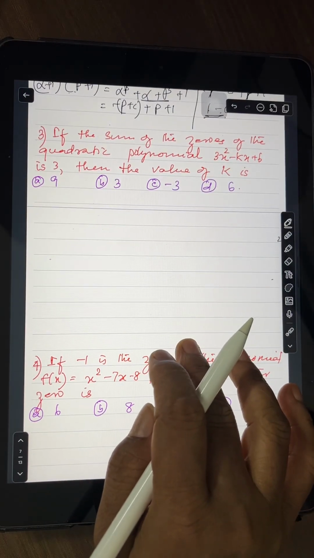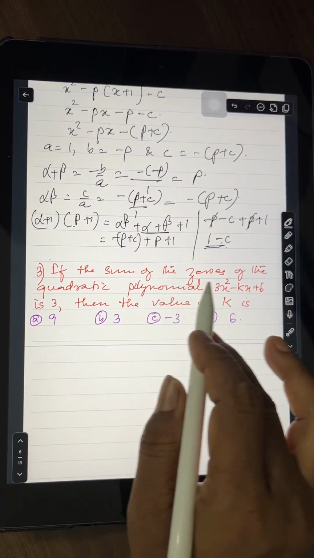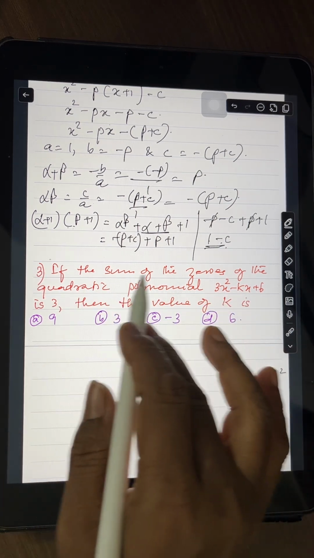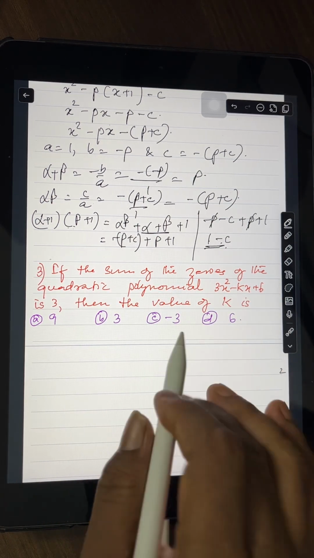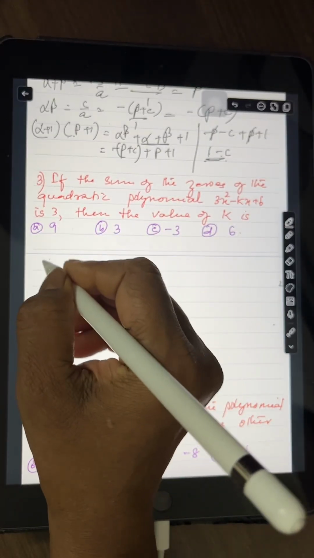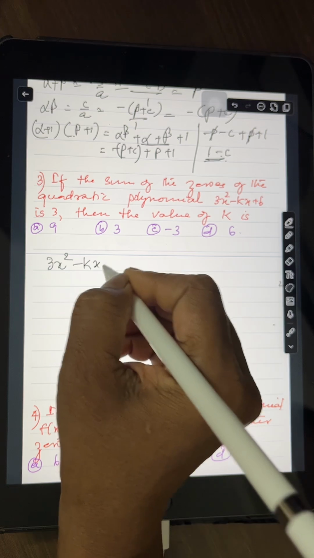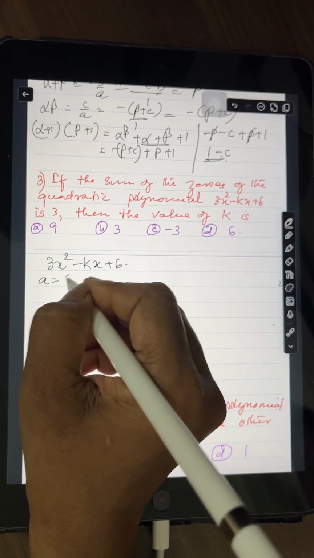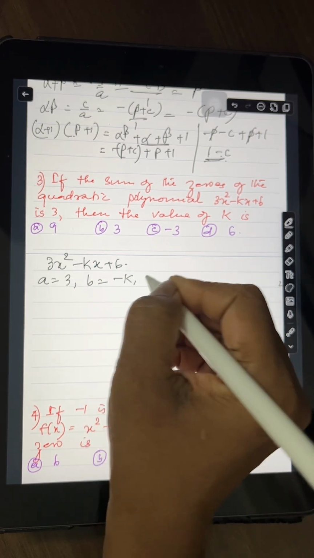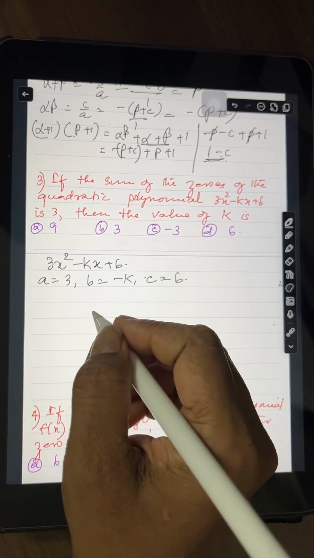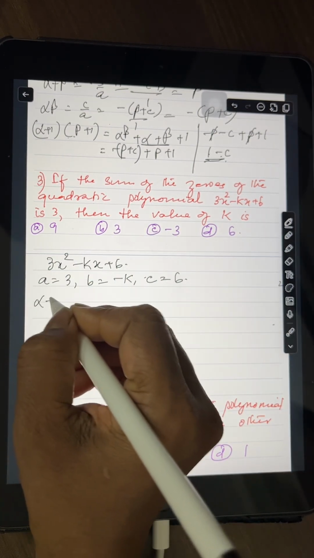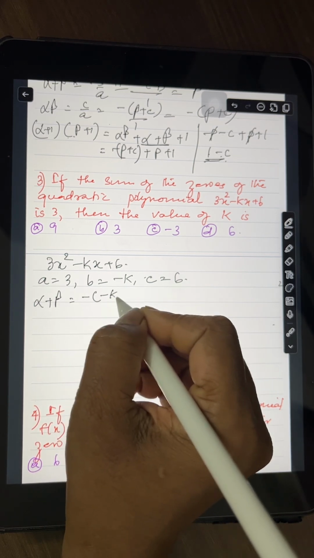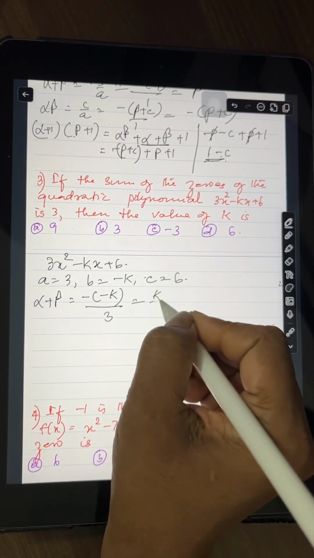Okay, the next one. If the sum of the zeros of the quadratic polynomial 3x square minus kx plus 6 is 3, then he is asking the value of k. This is your equation. So what is a here? A is 3. What is b? Minus k. And what is c? 6. Now the sum alpha plus beta is minus of minus k by 3, which is k by 3.